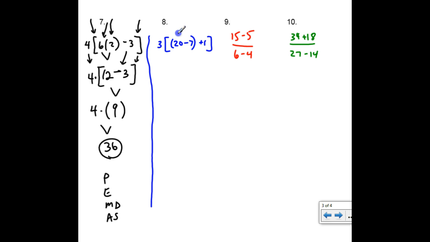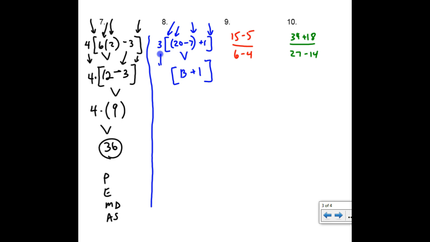20 minus 7 is the first thing we're going to do here because notice you've got a grouping symbol there, you've got a grouping symbol there. So 20 minus 7, we will work that out to be 13 plus that 1 right there. Now you've still got this bracket that you have to keep track of. This parenthesis here is gone because you just turned that into 13.